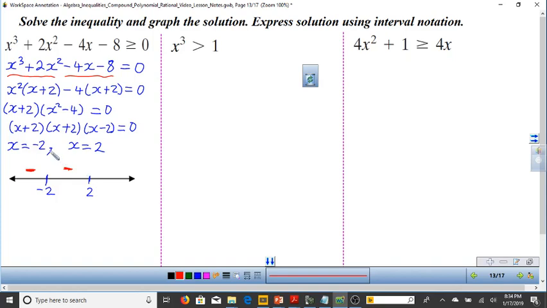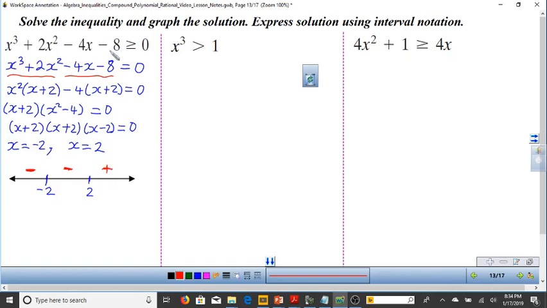So if we try 3 now, 3 cubed plus 2 times 3 squared minus 4 times 3, and then minus 8. And we see we get a positive number here, a positive 25. So we end up with a positive here.